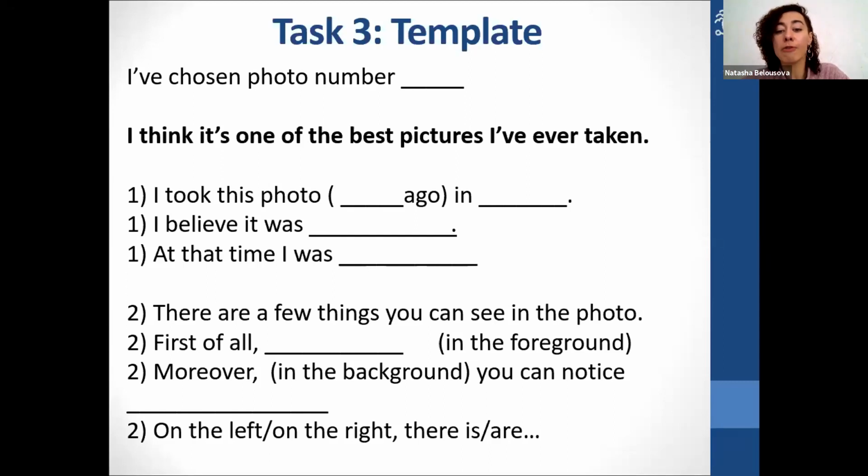And then again, first of all, and you've got some helpful phrases here. You can see my friend Peter in the foreground. In the background, you can notice blah, blah, blah. On the left and the right, there is, there are. So it's good to change the phrases that you use to describe the pictures.